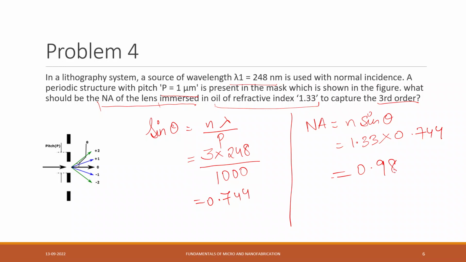This is the numerical aperture of the lens.